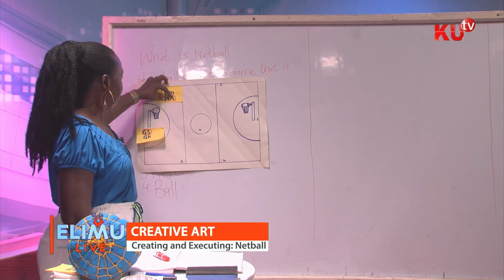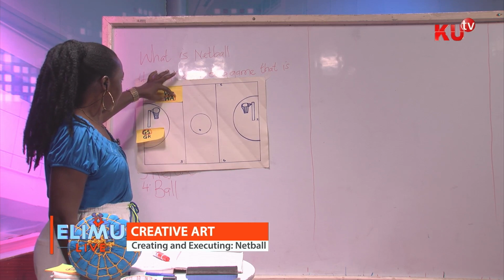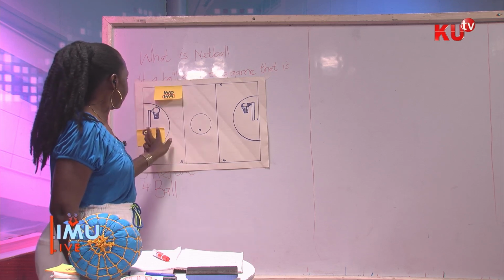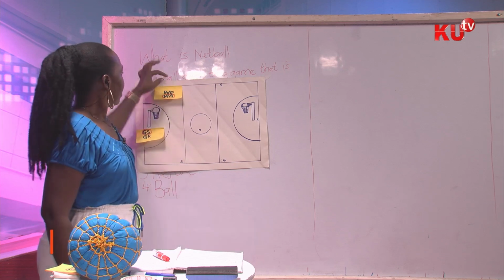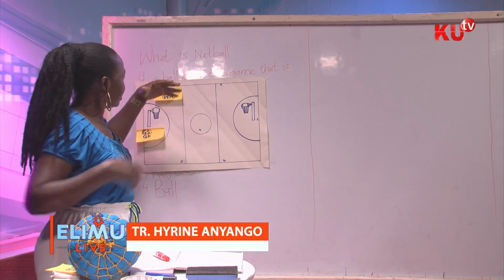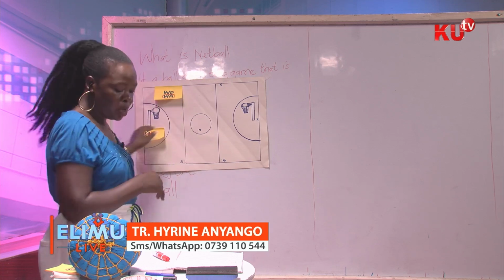Another work this player has is that in case there is any rebounding ball from this semicircle, the wing attack will receive the ball again and pass it to the goal shooter.